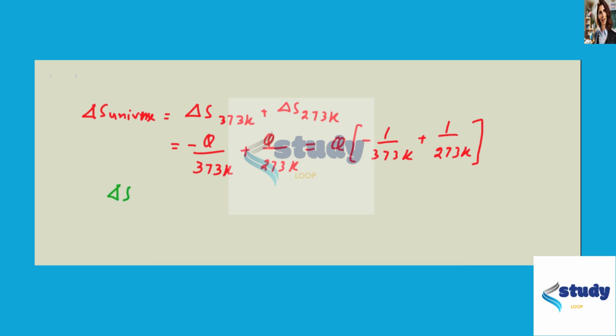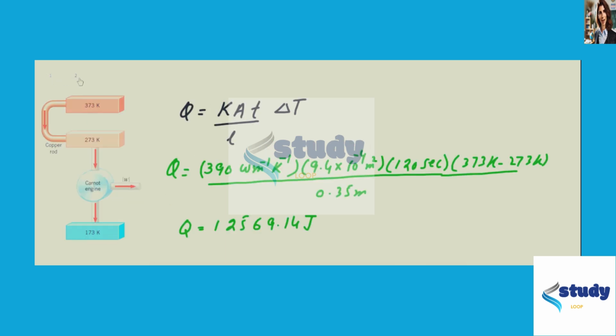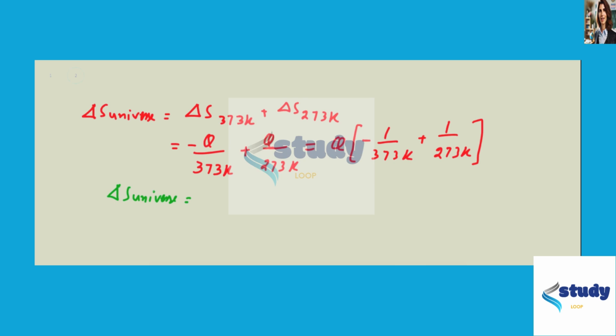So change in entropy of universe equal to here Q that we have calculated earlier having the value of 12569.14 joule into minus 1 upon 373 Kelvin plus 1 upon 273 Kelvin.